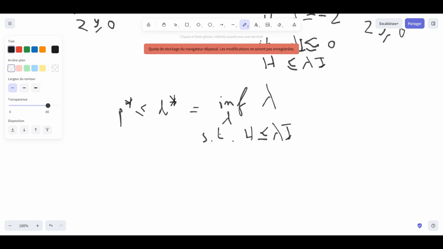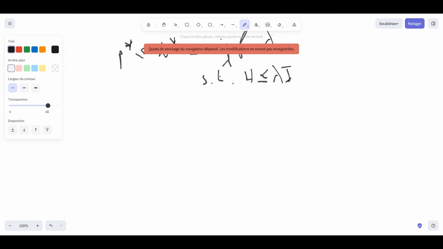So now let's check if P star equals D star to see if there is strong duality. As we said earlier, we will try to use I because it's useful.